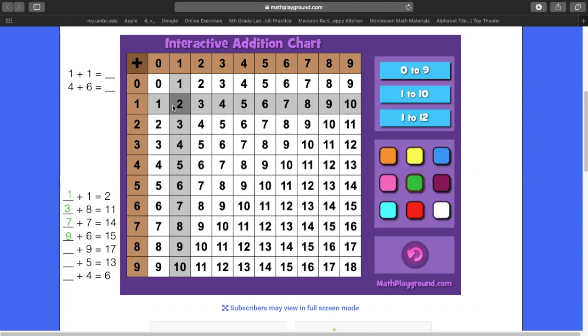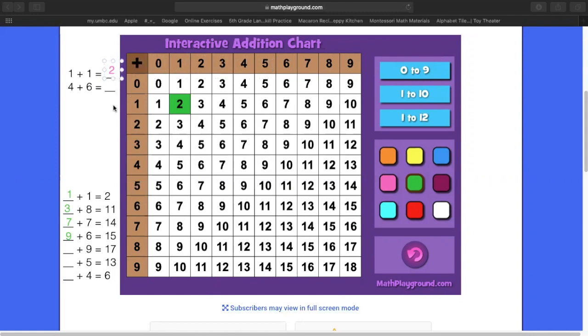So we'll make the answer green, but can you tell me what the answer is? 2. Thank you, Devlin. So for the last row, we find the numbers on the top, and then we find the numbers on the side, and then the answer is in the middle. Wow.